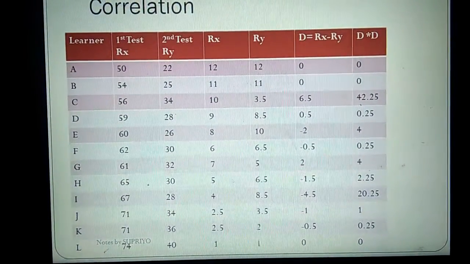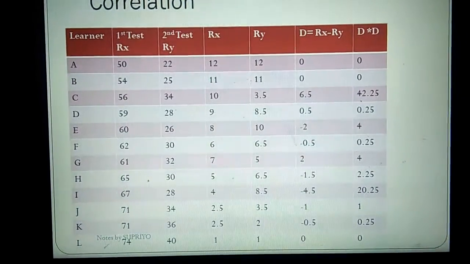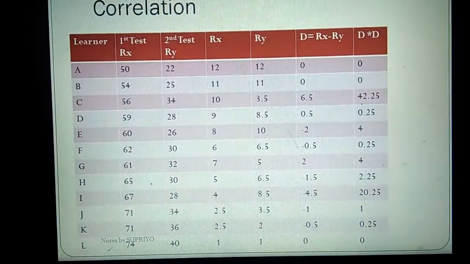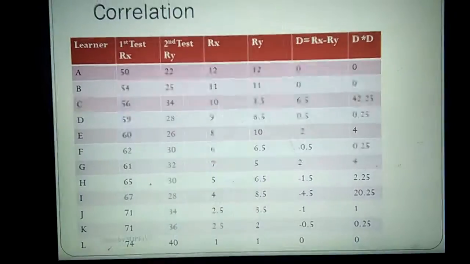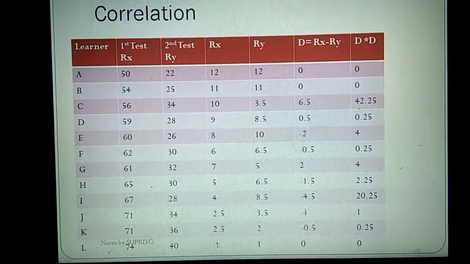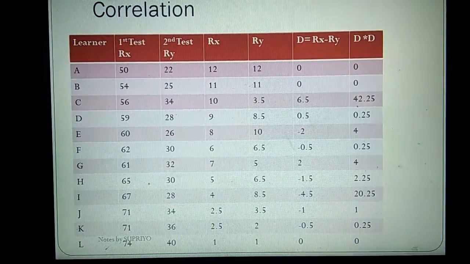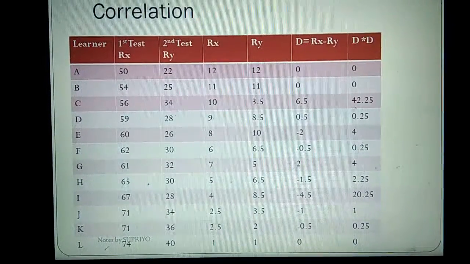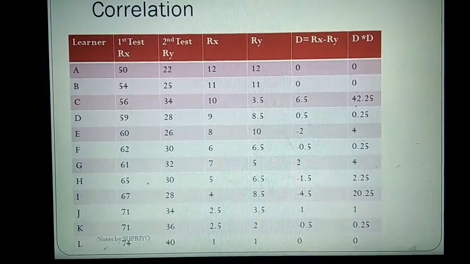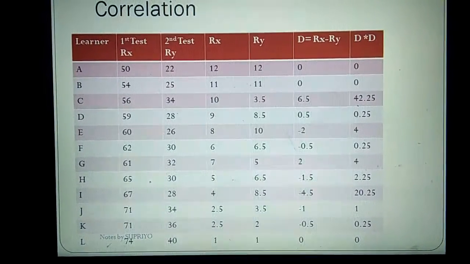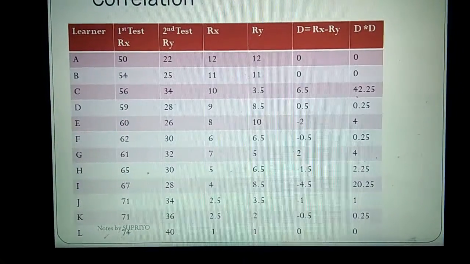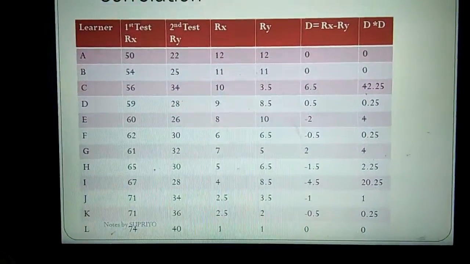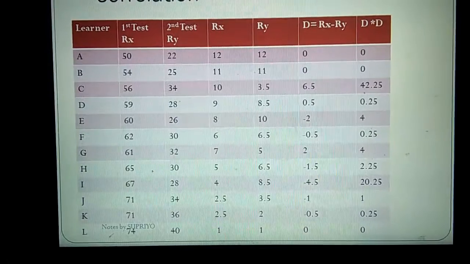We see that there are 12 learners A, B, C, D, E, F, G, H, I, J, K, L. Now over here we see that these 12 learners had given two tests. The first test, they got the following numbers: 50, 54, 56, 59, 60, 62, 61, reaching up to 74.